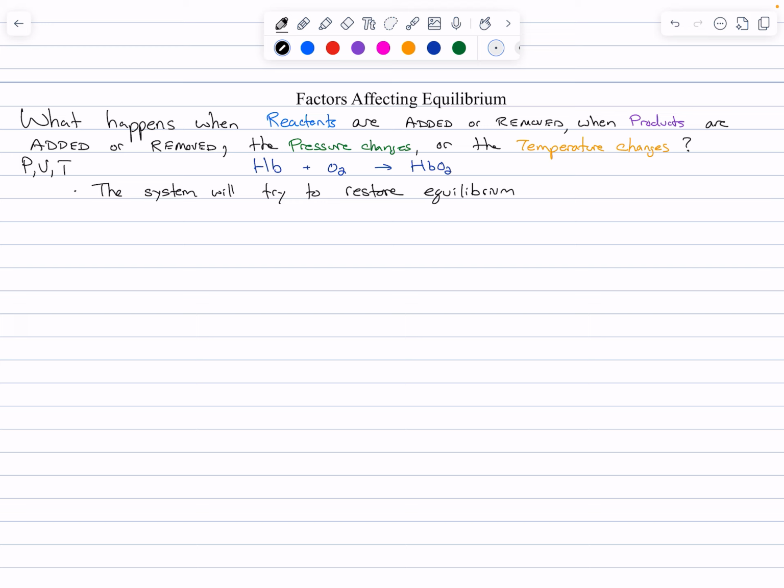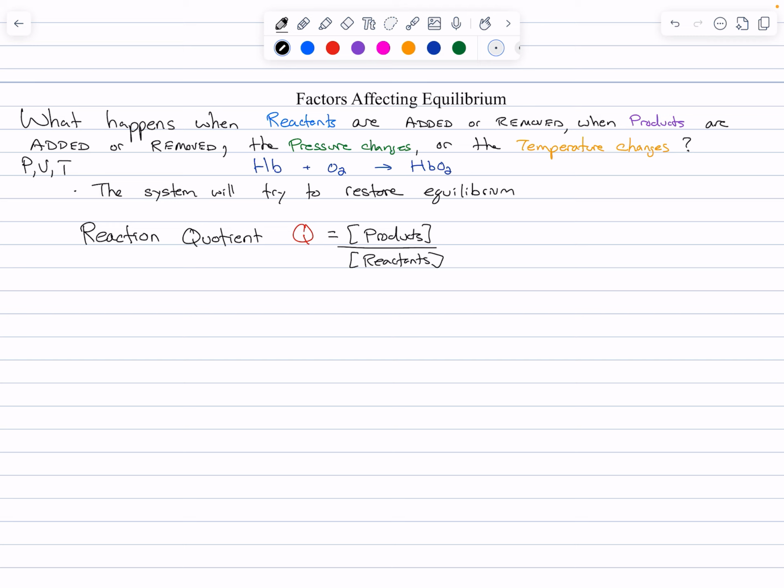So there's something called the reaction quotient Q. If we look at the reaction quotient Q, it's the same thing as products over reactants.